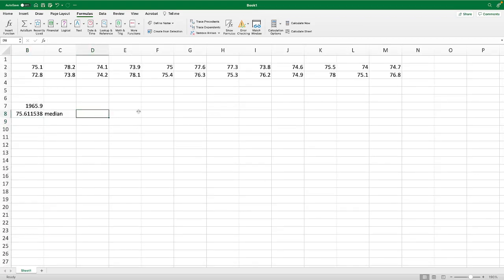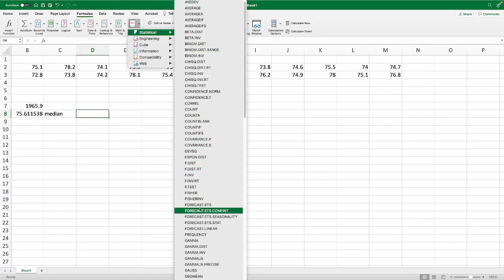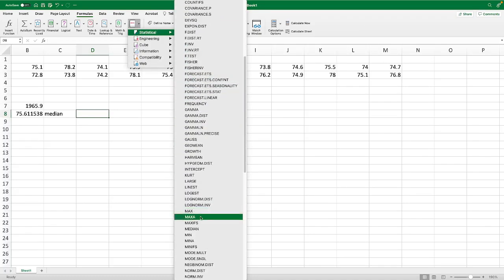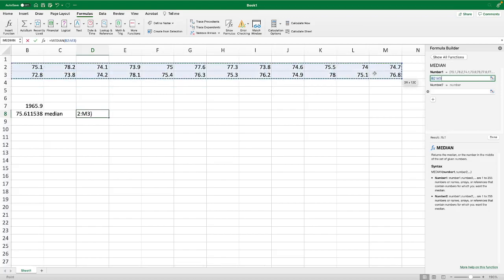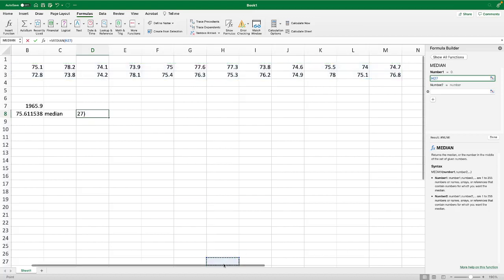So we'll put in the statistical formula for median. And that's basically what this is asking us all the way around here.